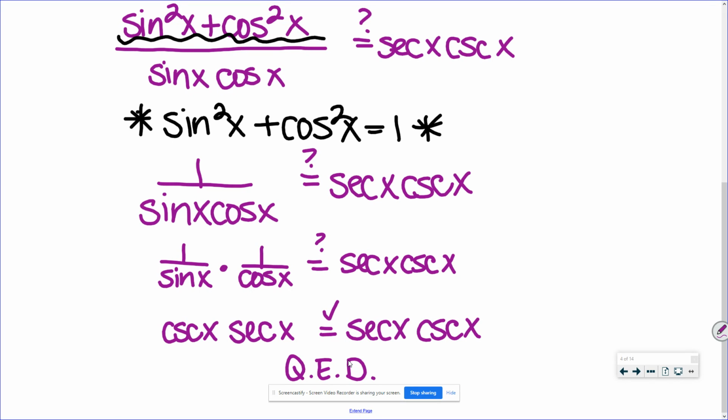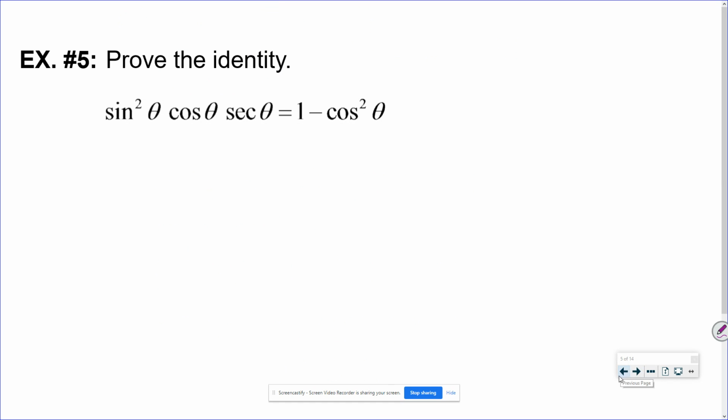All right, let me pick 1 or 2 more to show you. Do I want to do this one? Yeah, I'll do this one. So prove the identity. Again, you can choose which side you want to work on. I think I'm going to work on this left side here. So probably what I'm going to do first is rewrite secant as 1 over cosine.